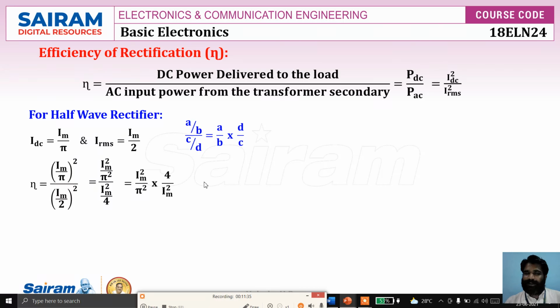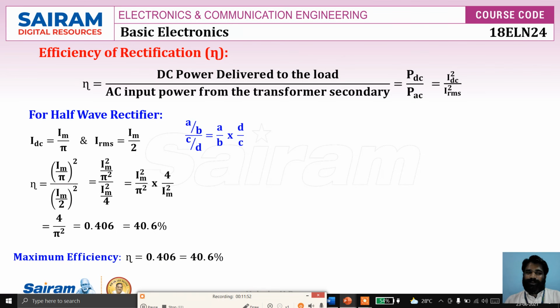Im square gets cancelled. It becomes 4 by pi square, or we can say it is 0.406, or 40.6%. It is the efficiency of the half-wave rectifier.